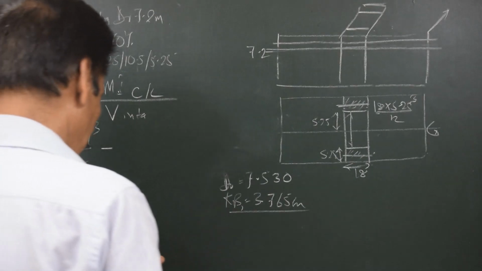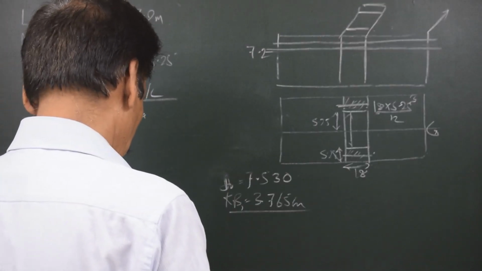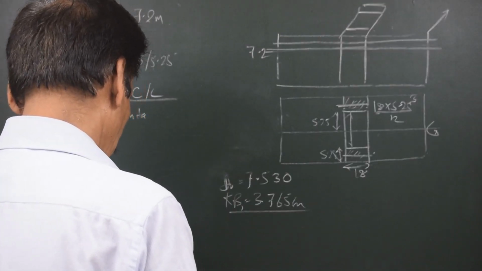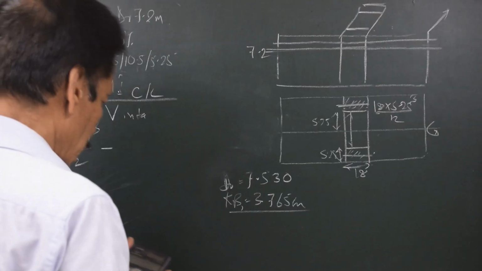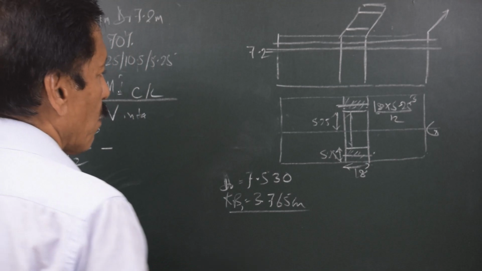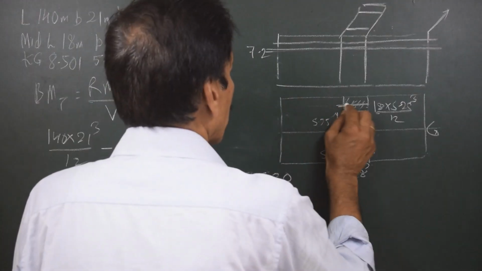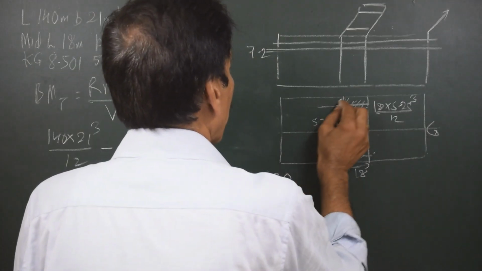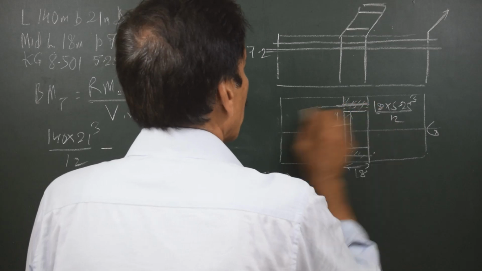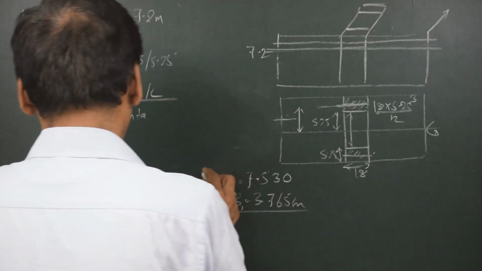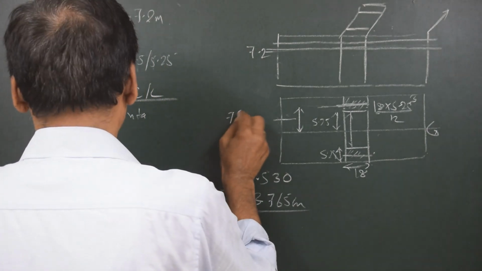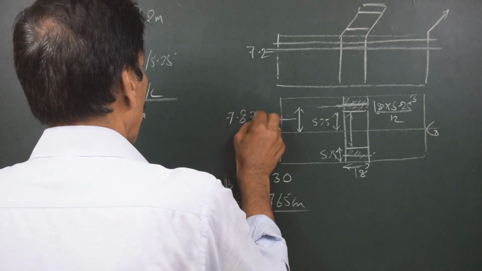So 5.25 divided by 2 plus 5.25 gives me 7.875. So the distance from the own centerline axis to the common centerline axis is 7.875.